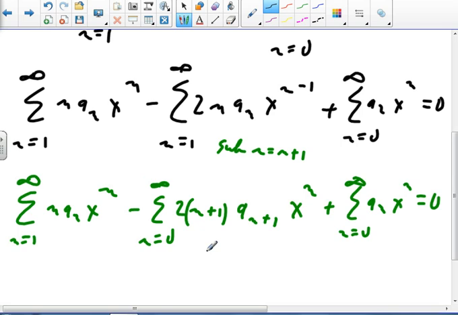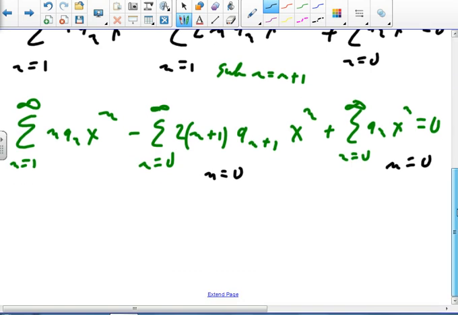Okay, I'm going to take the n equals 0 term out of this guy, the n equals 0 term out of that guy, and then that'll let me have summation n equal 1 to infinity. So that's the plan.